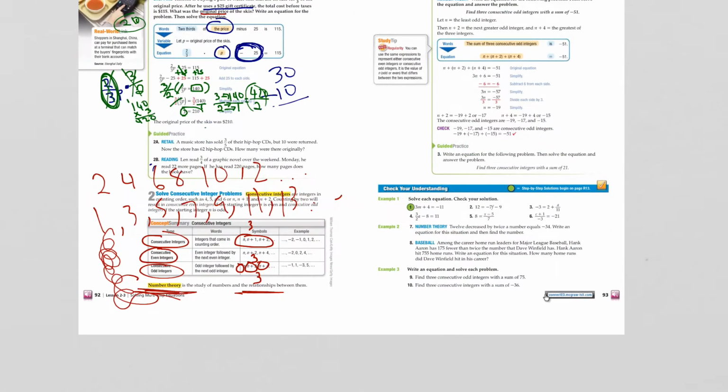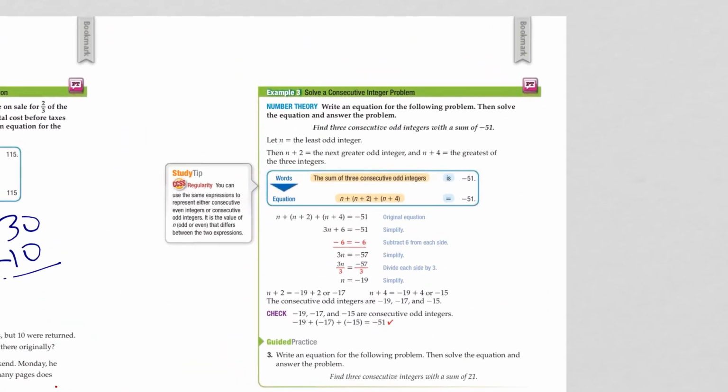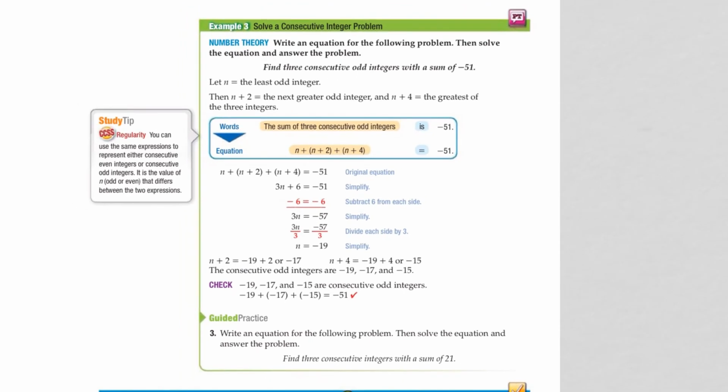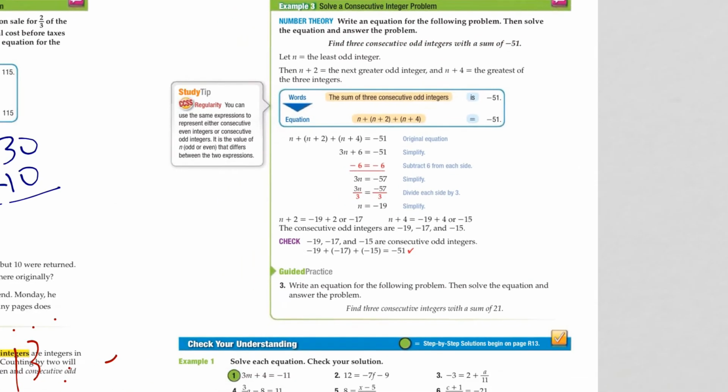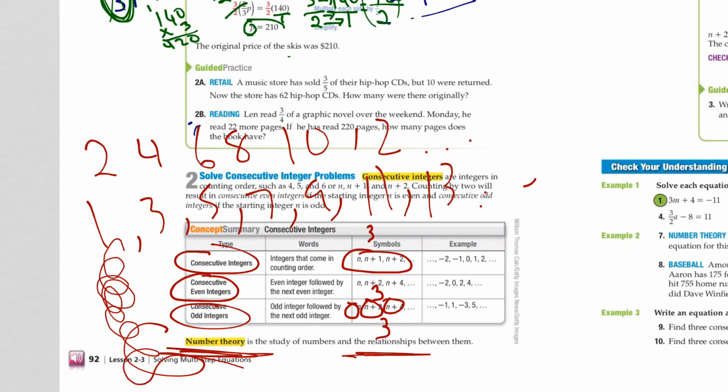So let's look at example number 3. The last example. Number theory. It says write an equation for the following problem, then solve the equation and answer the problem. So we need to find 3 consecutive odd integers with the sum of negative 51. Consecutive odd, so n, n plus 2, and n plus 4.